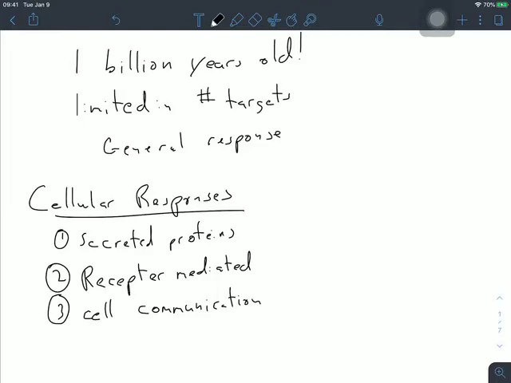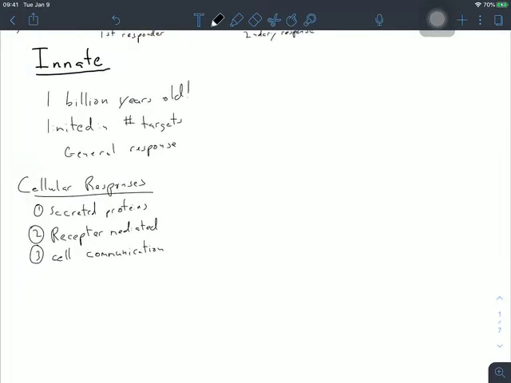And these cellular responses utilize a backbone of cell recognition, because you need to know what you're attacking in order to attack it or make the right thing.